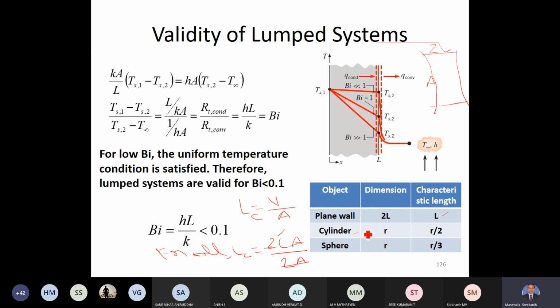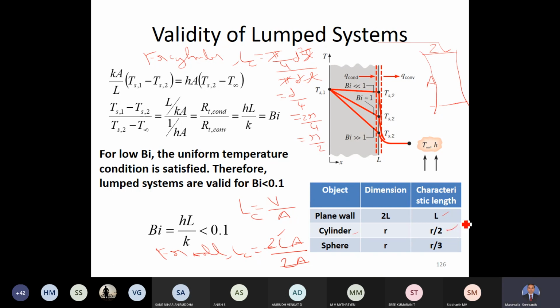Similarly, for a cylinder, characteristic length is volume divided by area. Volume is pi by 4 d square L, and area is pi d L. So this pi d L will cancel out with pi L and d, so what remains is d by 4. d is 2r, so 2r by 4, or this is r by 2.